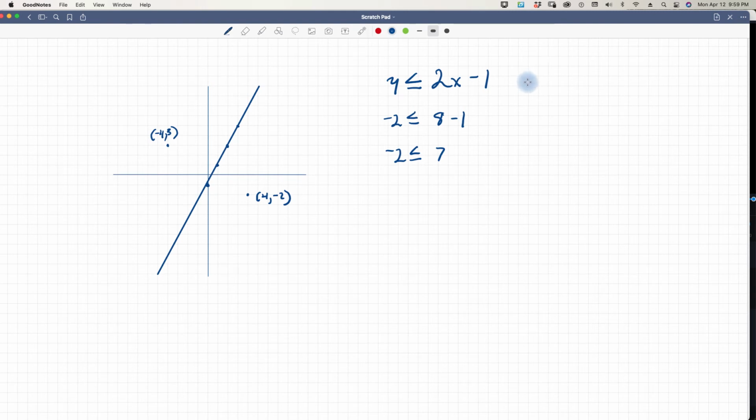If we sub in, 3 is less than or equal to, and we have -4. 2 times -4 is -8 minus 1. 3 is less than or equal to, I'm going ahead and doing the math in my head before I finish, that's going to be -9, right? That's not true. So that tells me this is the side we want.